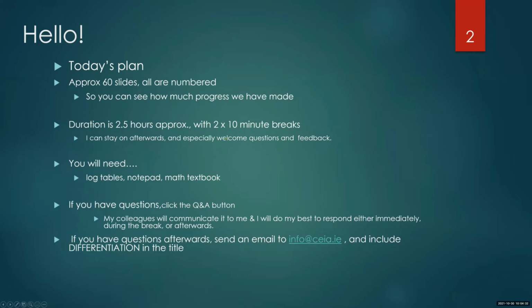In addition, if you have any questions while I'm talking through this, you have a Q&A button, I believe, and Eamon will be able to communicate those questions to me or answer them himself via text. It'll be really helpful if you have to hand log tables, a notepad and a math textbook.